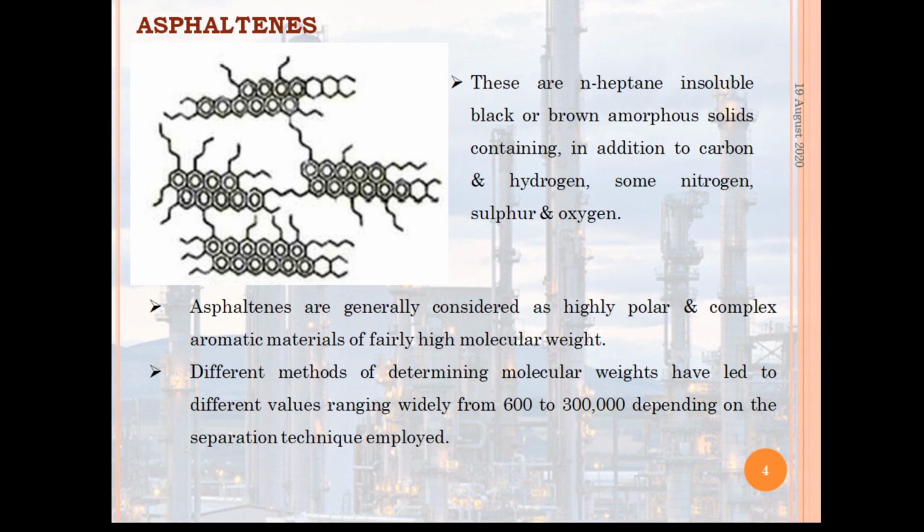Then what is the structure of these asphaltenes and the resins? Here some pictures have been shown for the asphaltenes. These asphaltenes are nothing but n-heptane insoluble black or brown amorphous solids containing, in addition to carbon and hydrogen, some portion of nitrogen, sulfur and oxygen.